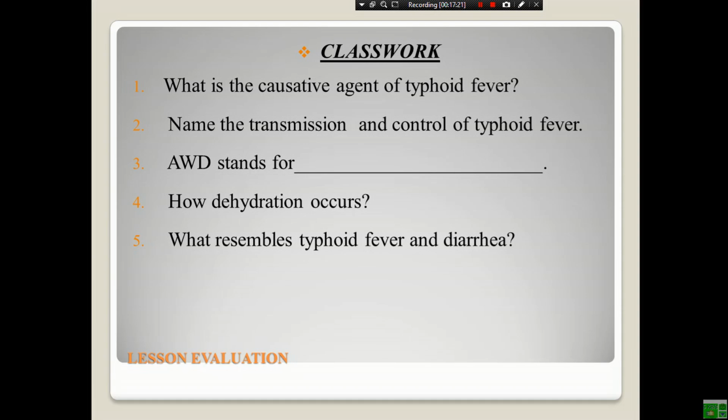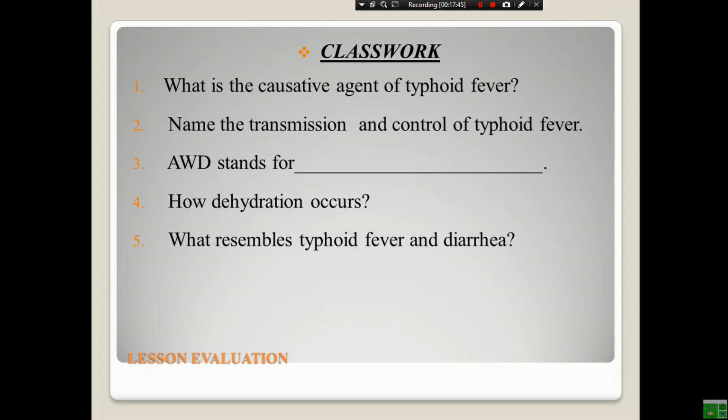You are right if you answer that typhoid fever is caused by a rod-shaped bacterium, so-called typhoid bacillus or Salmonella typhi. Question number 2. Name the transmission and control ways of typhoid fever.